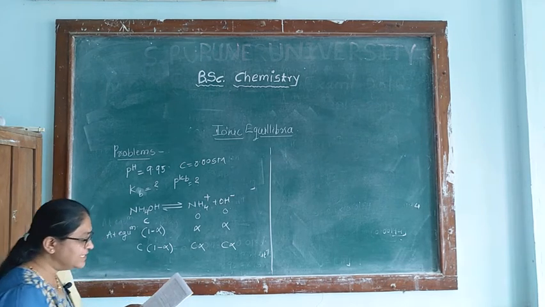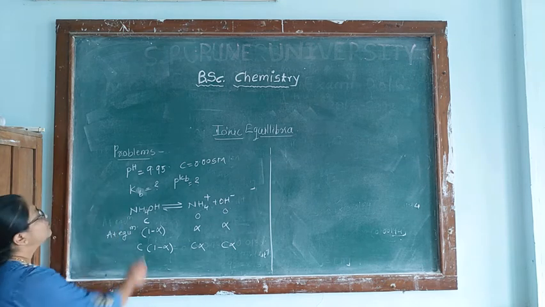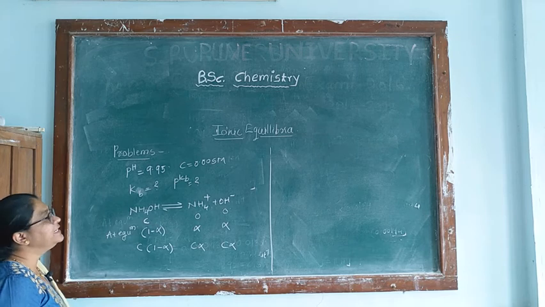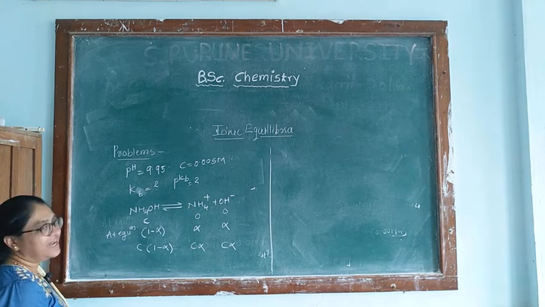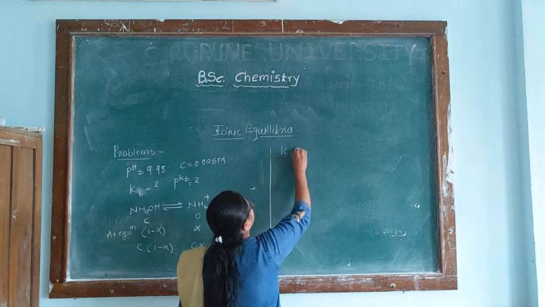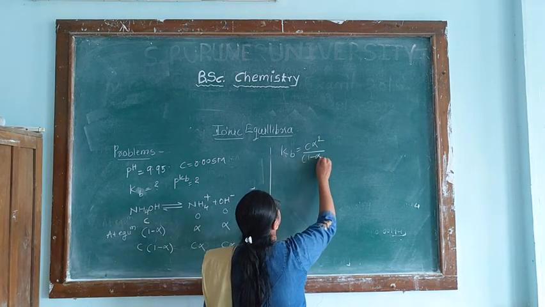Now to calculate Kb, what I need is alpha, the value of alpha, right? Because Kb is equal to C alpha square divided by 1 minus alpha.